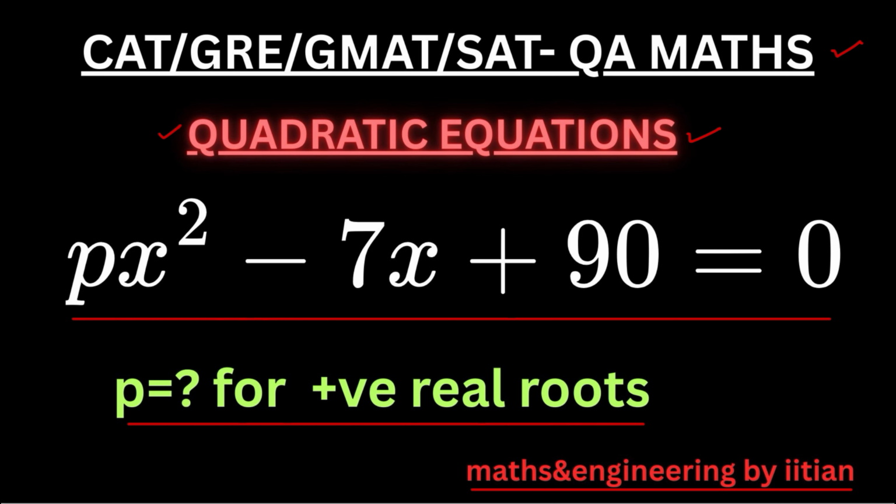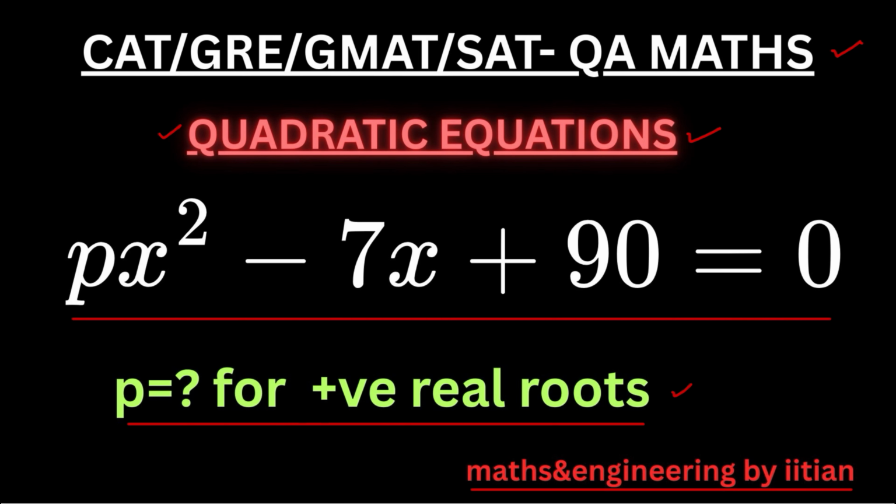px square minus 7x plus 90, it's a quadratic equation that is equal to 0. Under what value of p this quadratic equation will have positive real roots, so that in the quadratic equation the concepts of roots is explained.